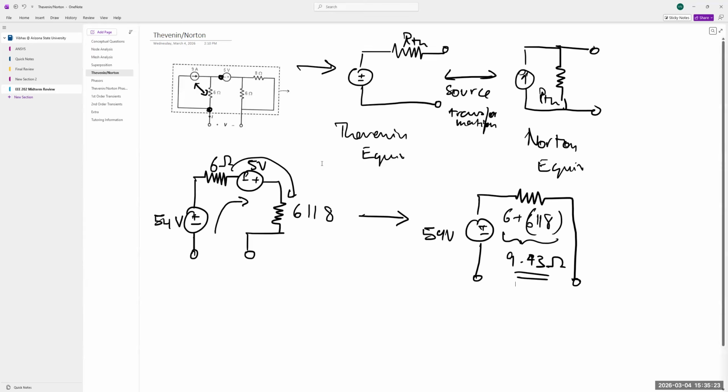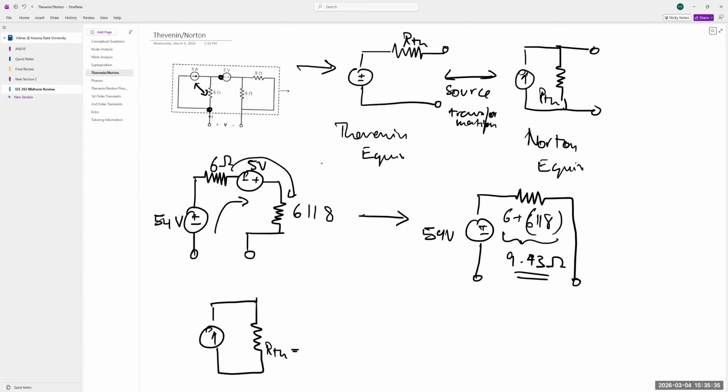That's your Thevenin circuit. If they ask you for a Norton circuit, it's going to be like this. The resistance is still the same. RTH is equal to 9.43 ohms. Here are your terminals, right? And this is going to have the value of VOC over RTH.